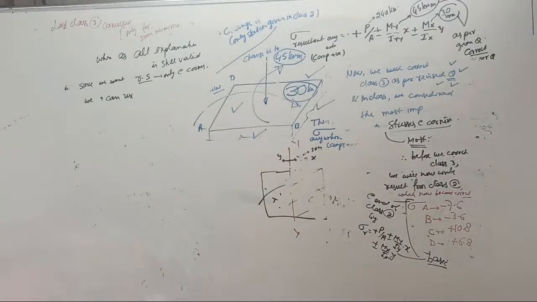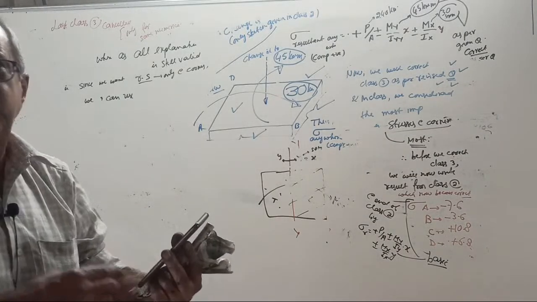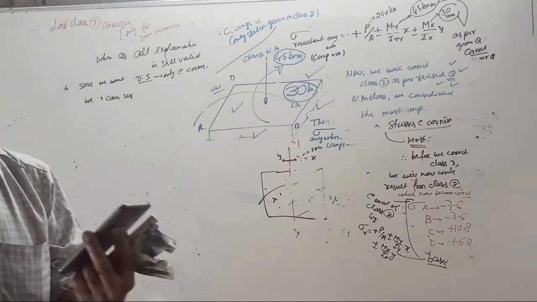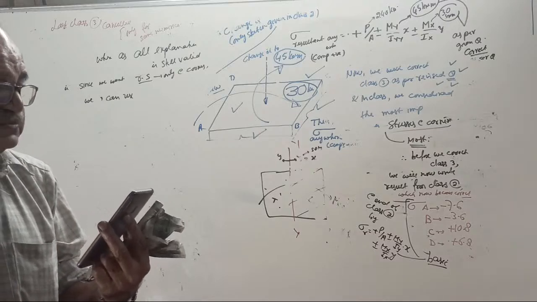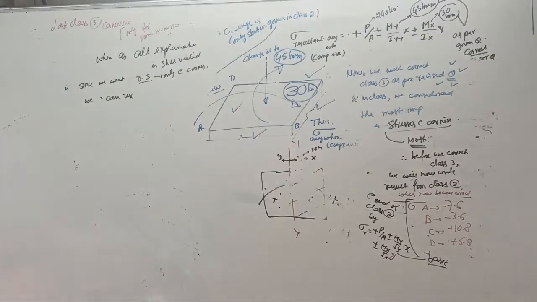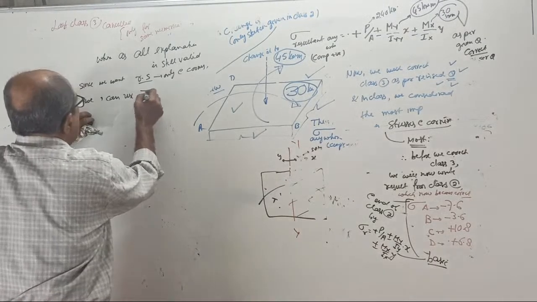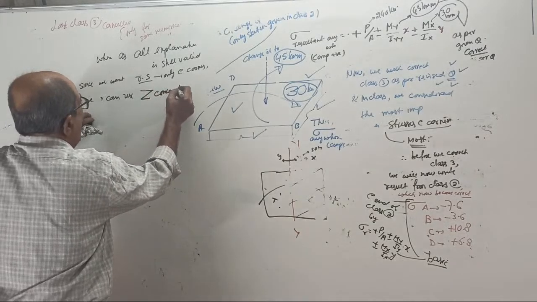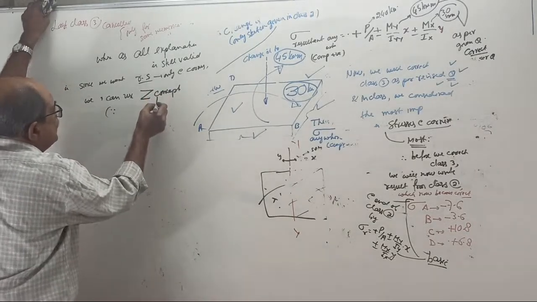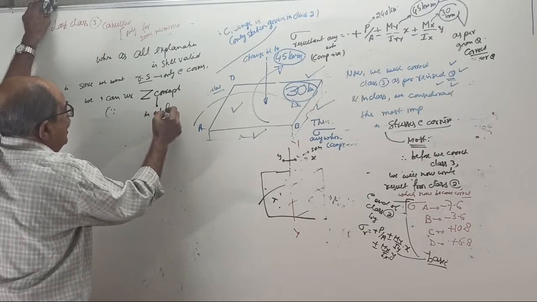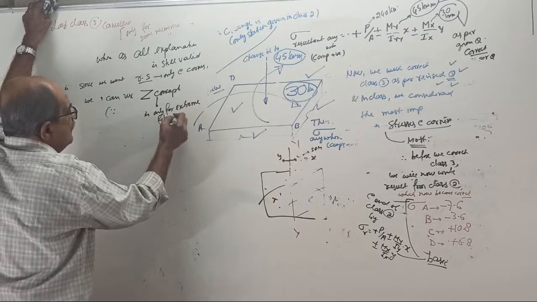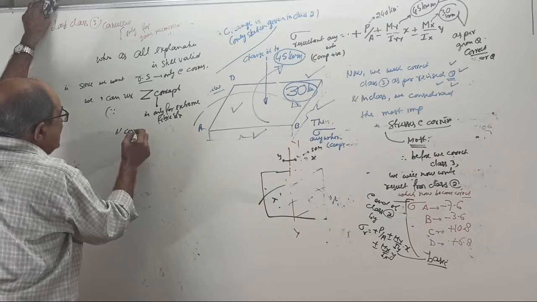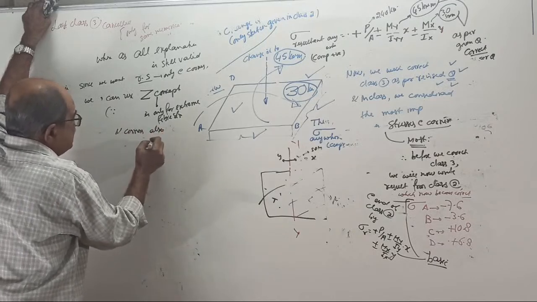Since you want only the corners, we can use the Z concept. Why? Because the Z concept is only for extreme fibers, extreme fiber stress, and corners are also extreme fibers.